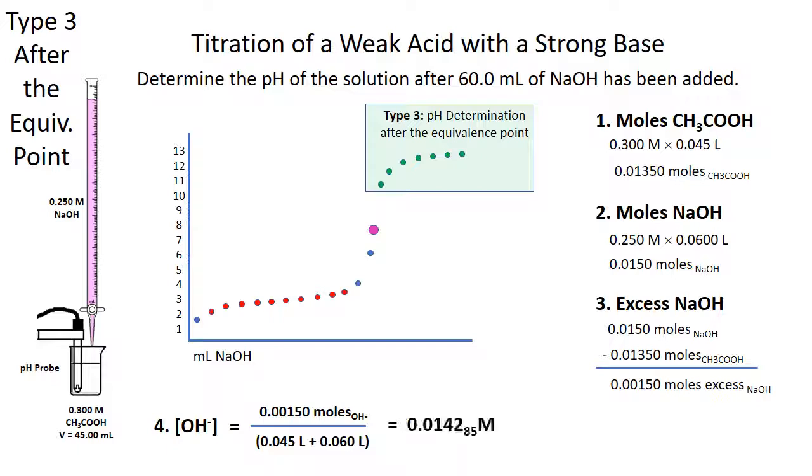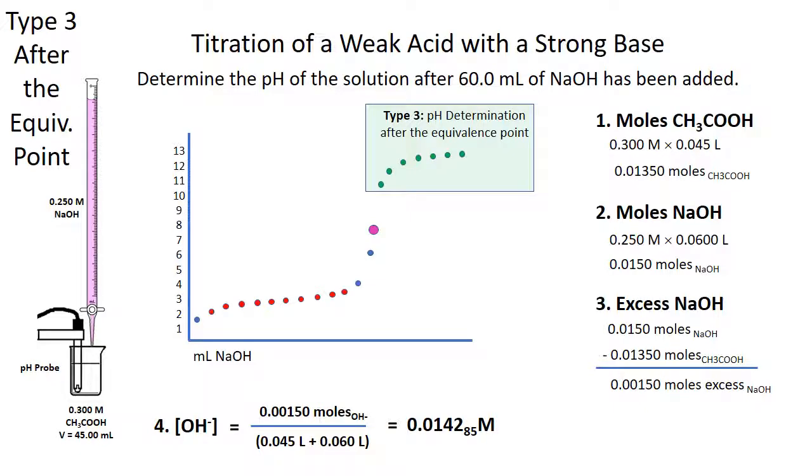When we do the arithmetic, we're able to determine that the concentration of hydroxide is 0.0142 molar. This concentration reflects the excess hydroxide ions that were put into this solution that were not neutralized by the acetic acid. We have gone past what the acetic acid can actually neutralize, and this is an excess hydroxide ion concentration.